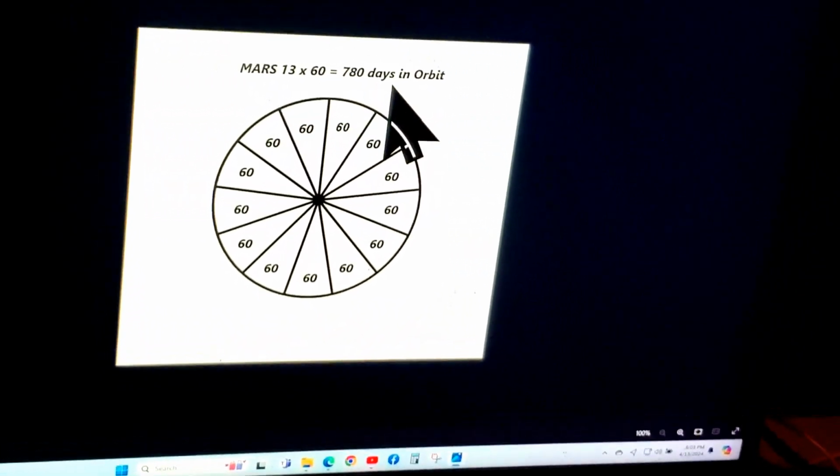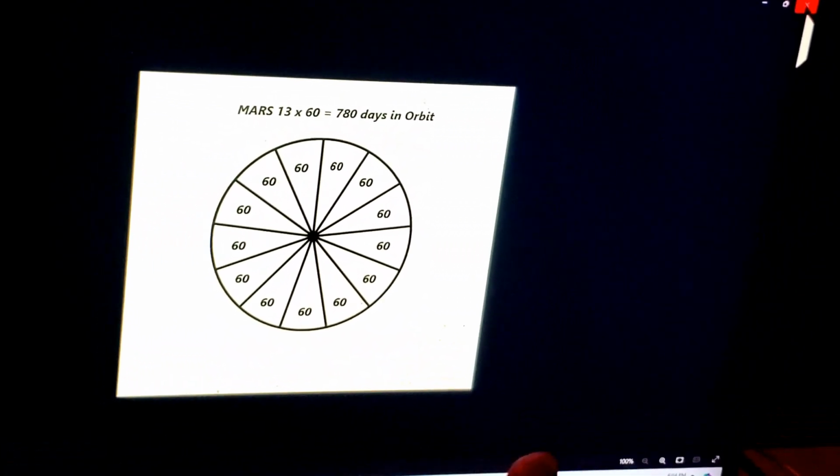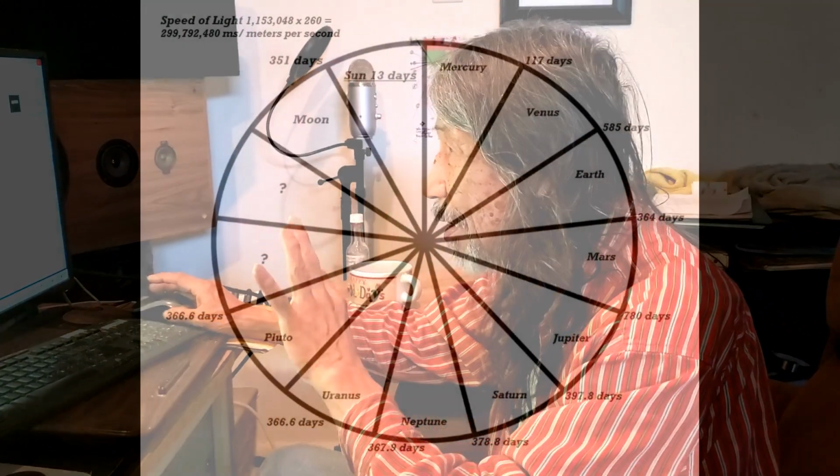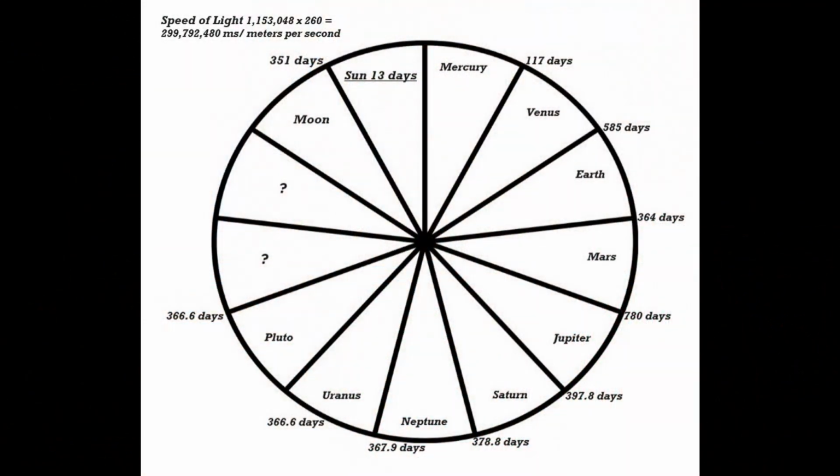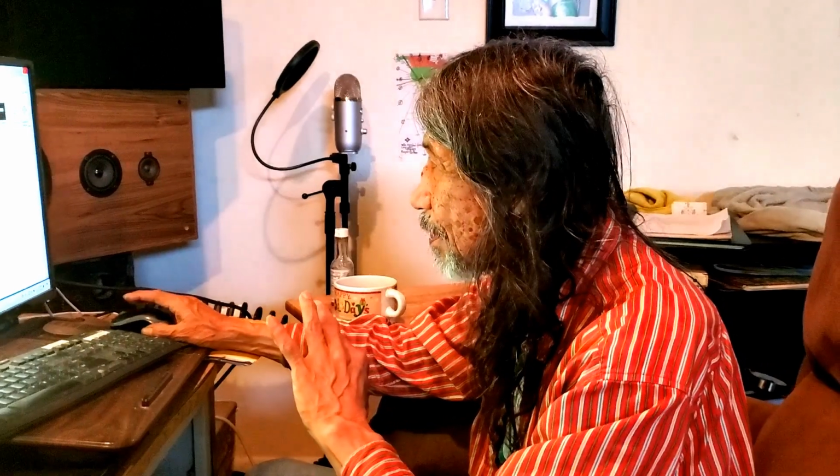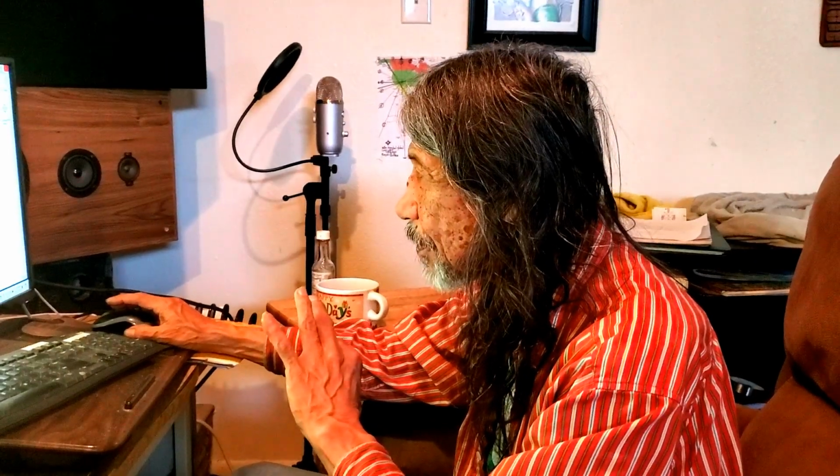So this is how long it takes for an orbit. Now with that in mind, I'm going to show you another planetary pie. But this one's going to explain how these numbers fit into our universe.